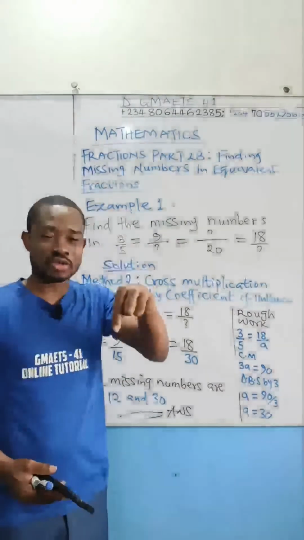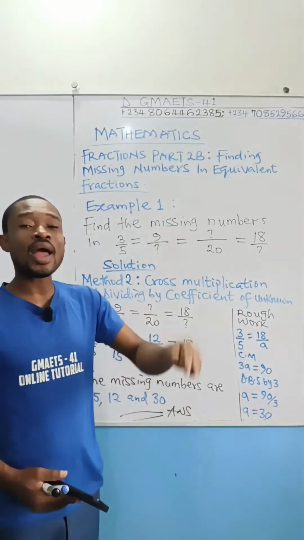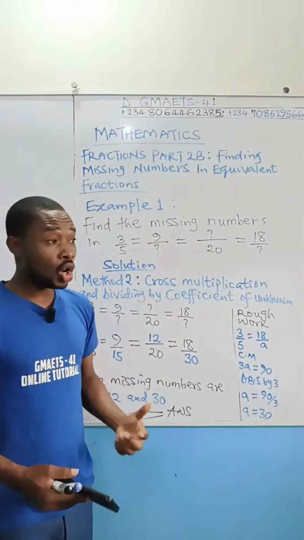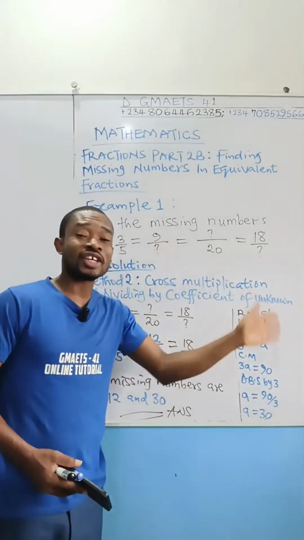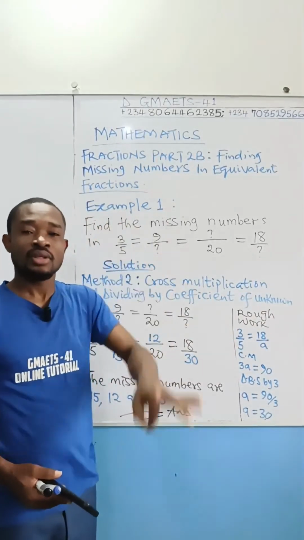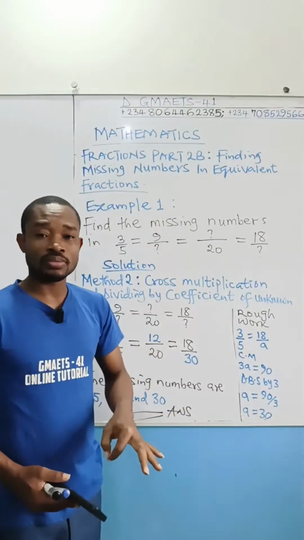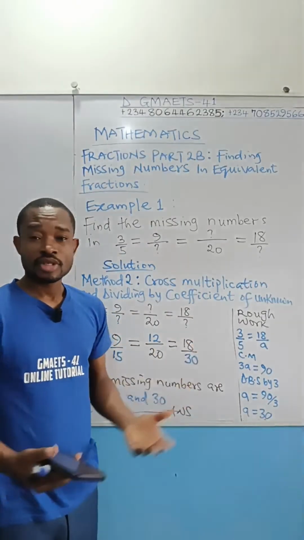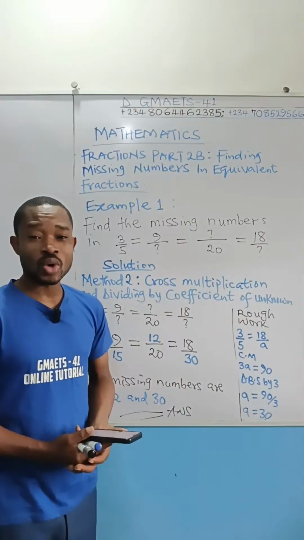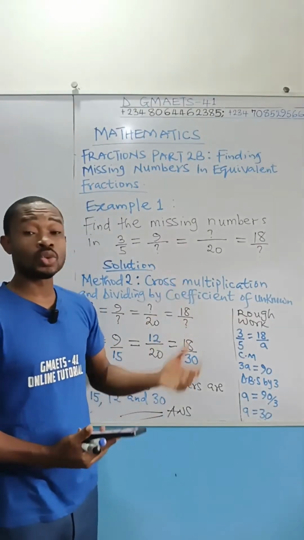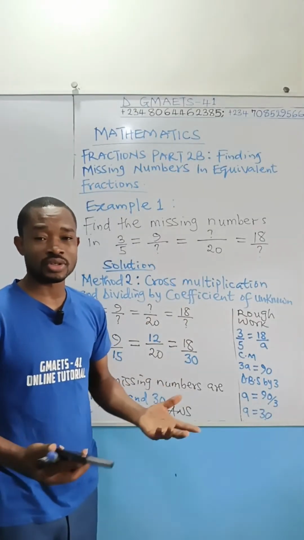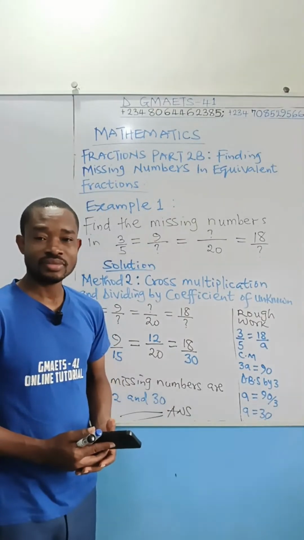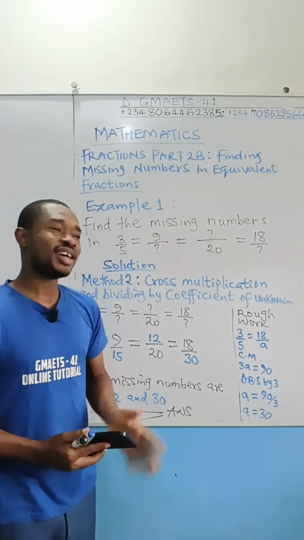If the first fraction is not in its lowest form, or if none of the fractions is in its lowest form, then you can't use method 1, the multiplication or division method, to solve. You can't. So that's the problem with method 1.